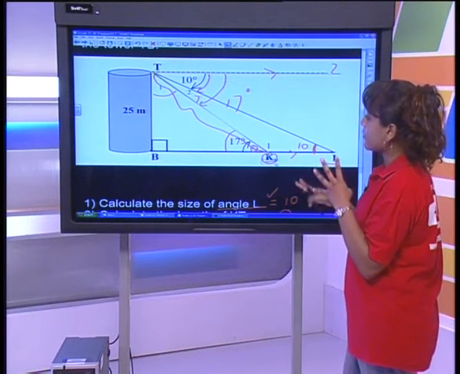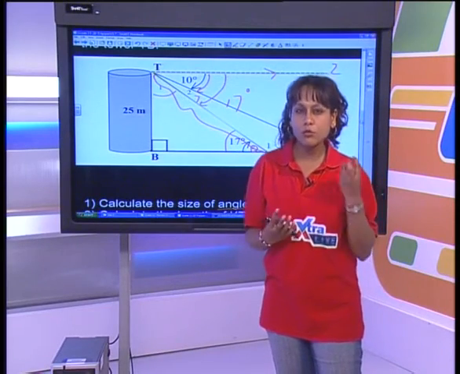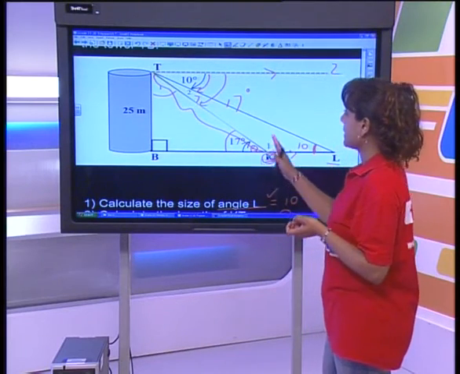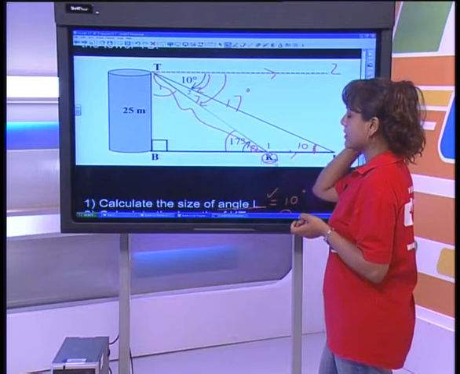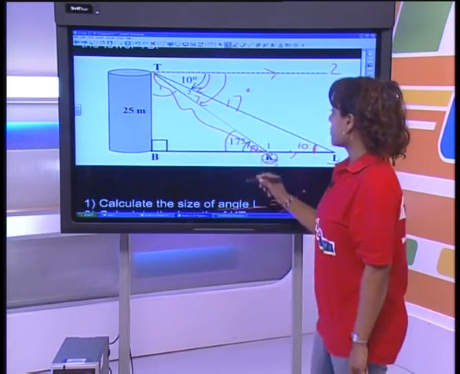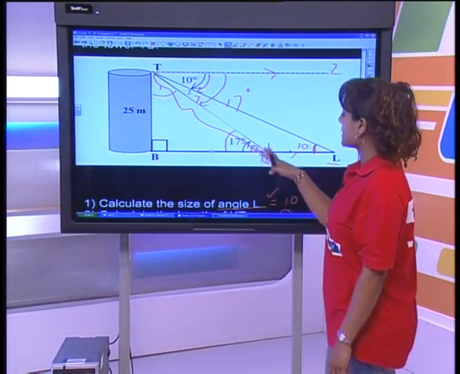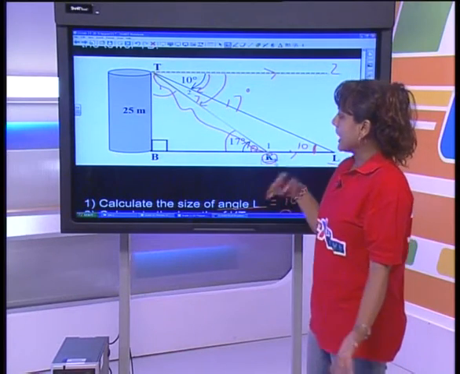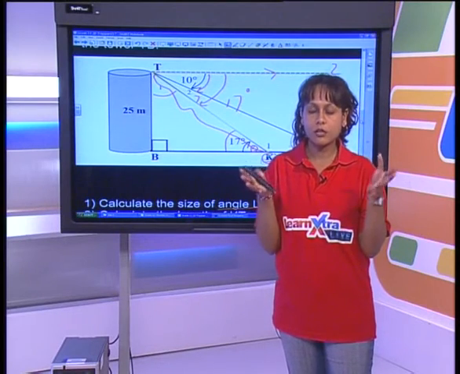But if we're looking for side KT, the triangle that's going to give us the most information is triangle BKT, because we know that BT, which is your tower, is 25 meters, and we know that this angle K2 is 17. If I'm looking for side KT, guys, we can use the SOHCAHTOA rules.